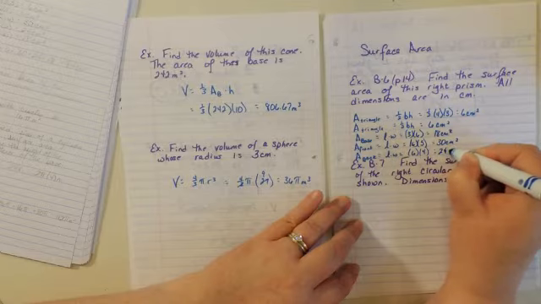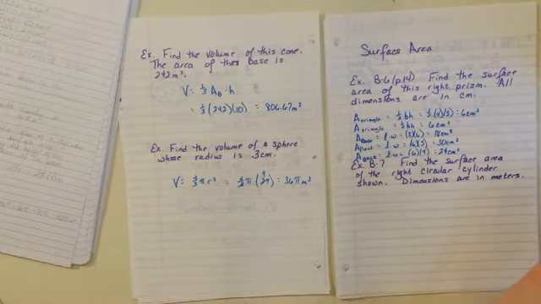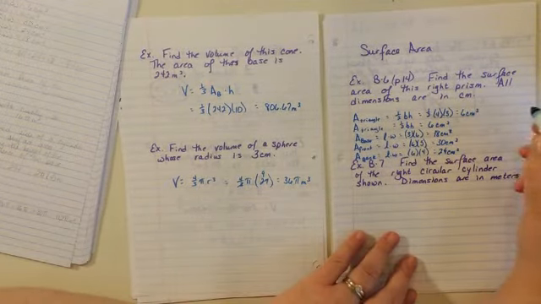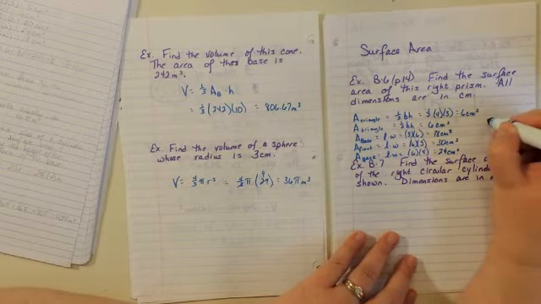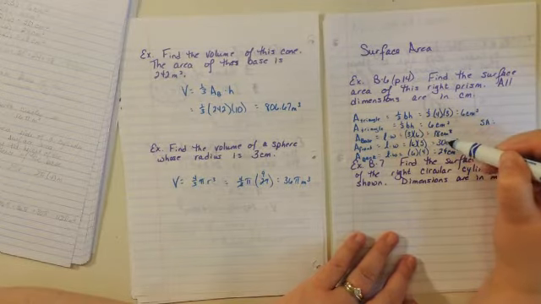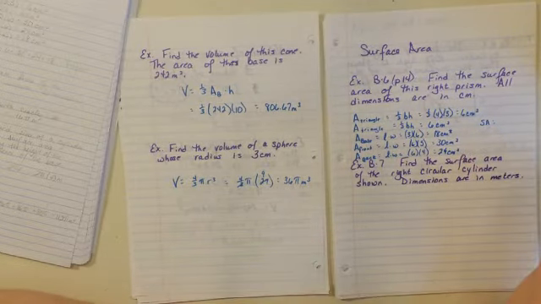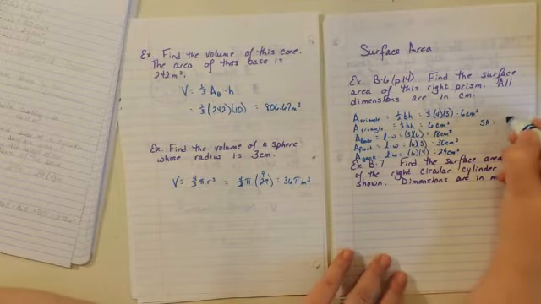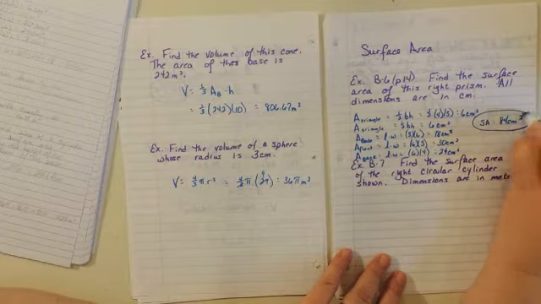That's 24 centimeters squared. So the surface area, I have run out of space. The surface area is the sum of all of these. So it's going to be 6 plus 6 plus 18 plus 30 plus 24, which equals 84 centimeters squared. Okay?